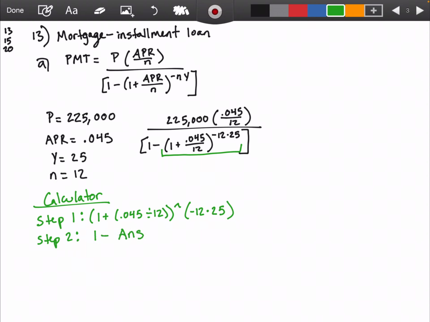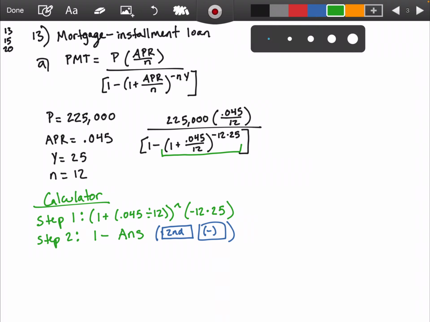Then we do 1 minus answer, which, just as a reminder, is the second negative button.